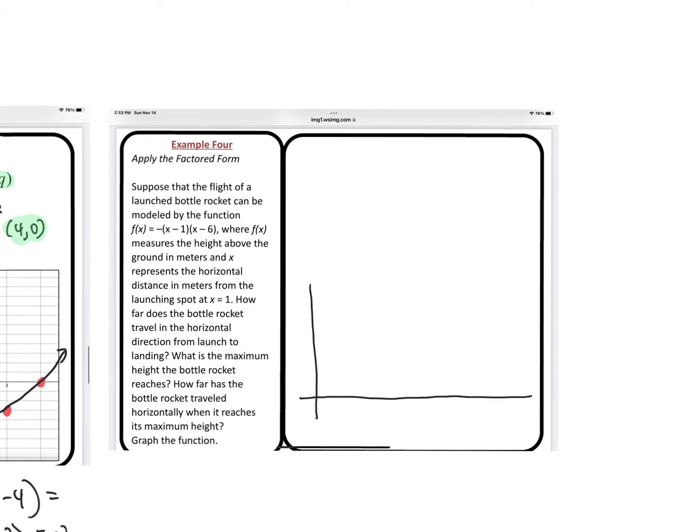And we know that f of x is going to be the height. And we also know that this is going to be the distance that it went, so the horizontal distance.